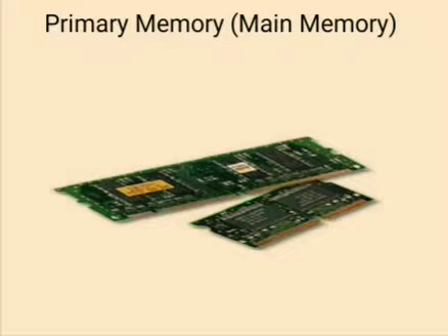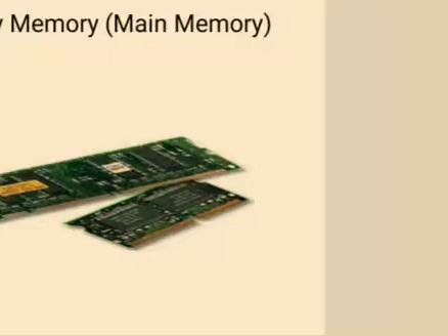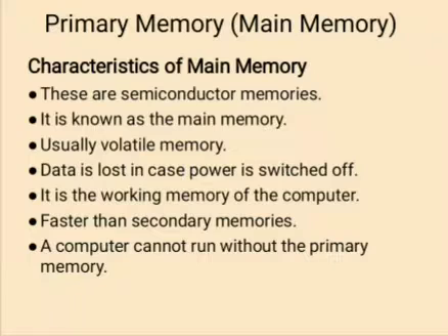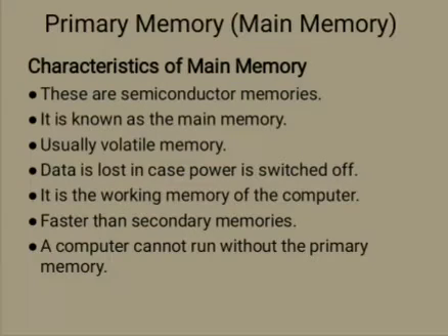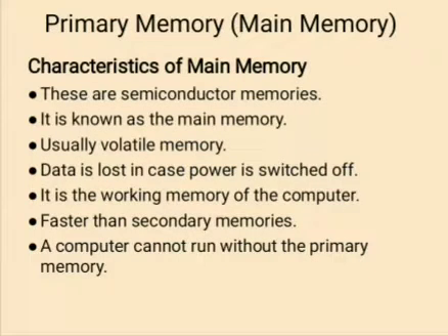So next one is the primary memory. How can we see it? This is the RAM and ROM. When we are going to read, that time we are using these memories. So what are the characteristics of the main memory? These are semiconductor memories.